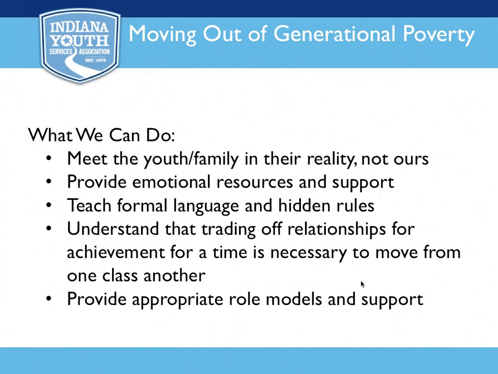That's going to be difficult, and it may be something that we will have to help provide additional support around. Obviously, we can provide appropriate role models and support around all of this as well.